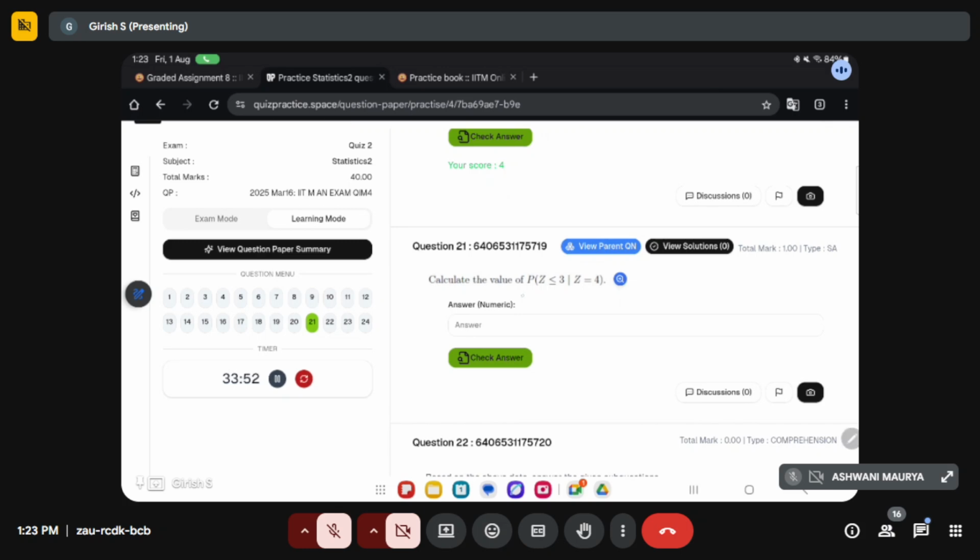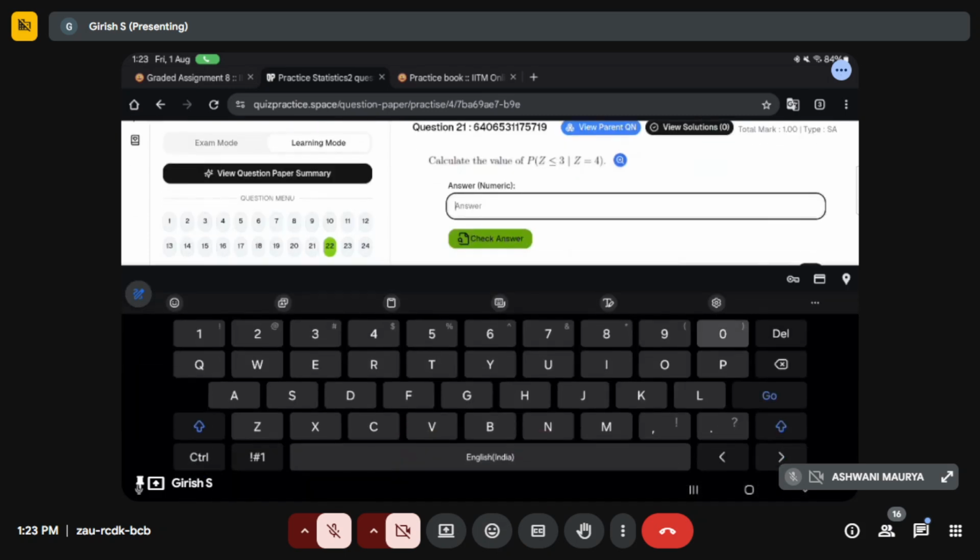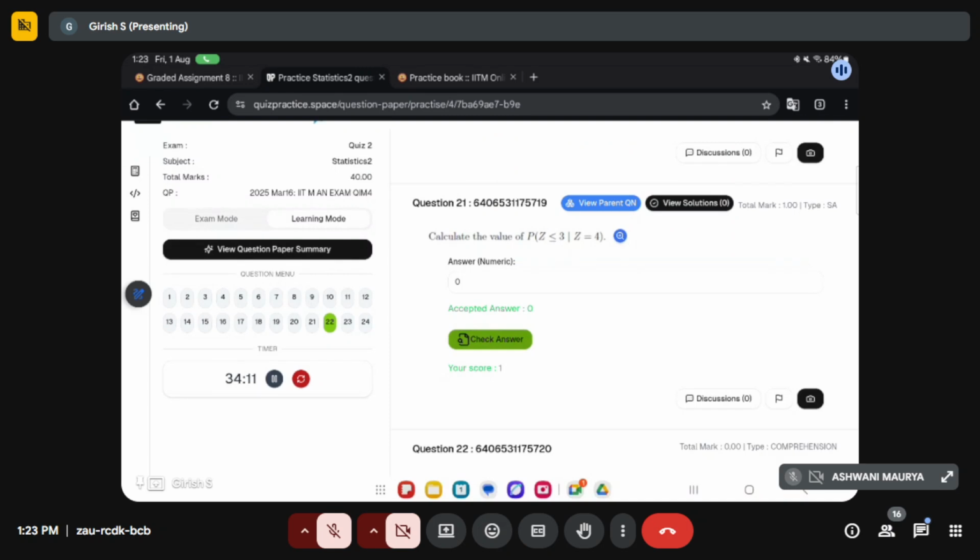They gave Z is 4, and they're asking Z to be less than 3. So what should be your answer for this? Zero. Yes, because when Z is equal to 4, Z can't be less than 3, so it should be 0.